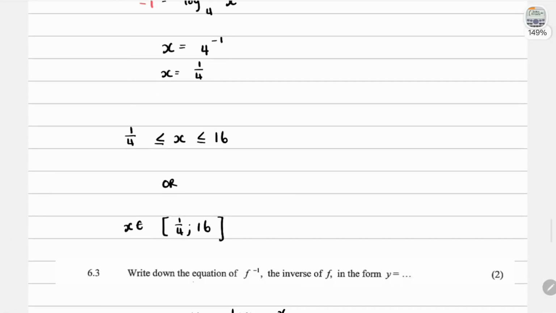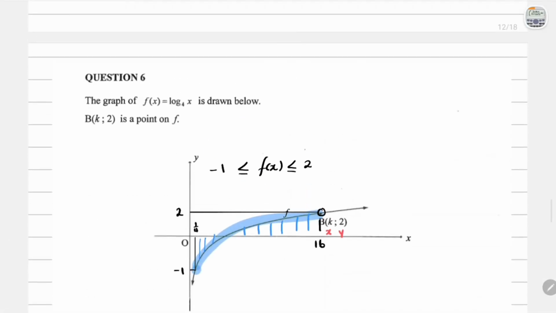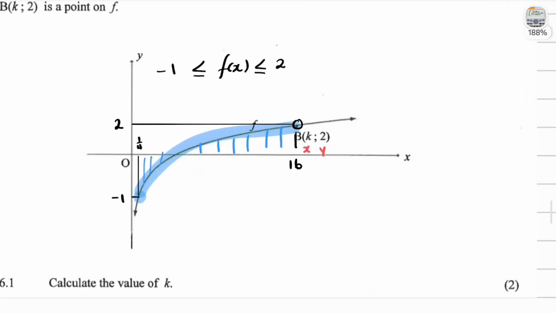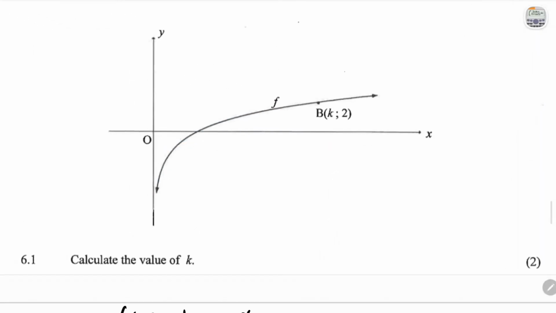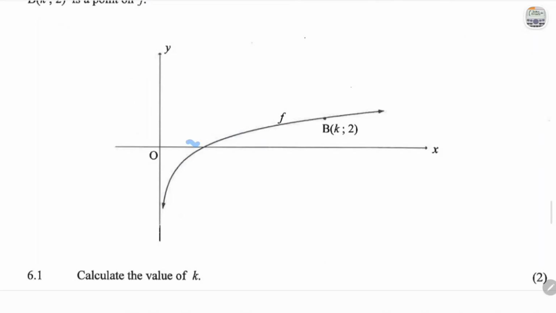The original is a log graph, and so the inverse will be an exponential function. Here's how we can understand it. You have to look at what this graph is doing, because the inverse and the original switch x and y values. So whatever it is doing on the y-axis, the inverse will do on the x-axis.